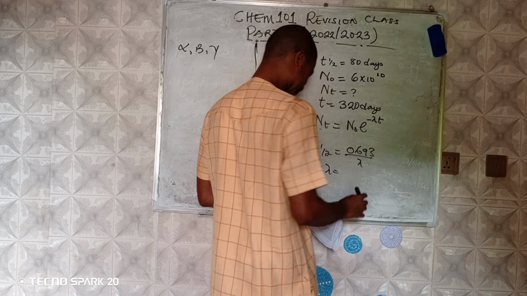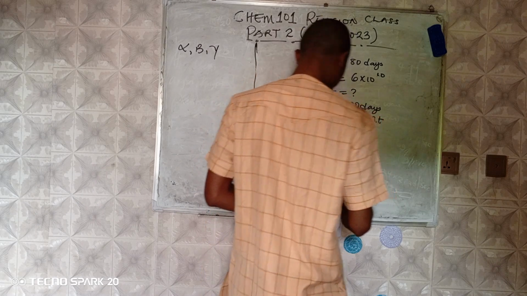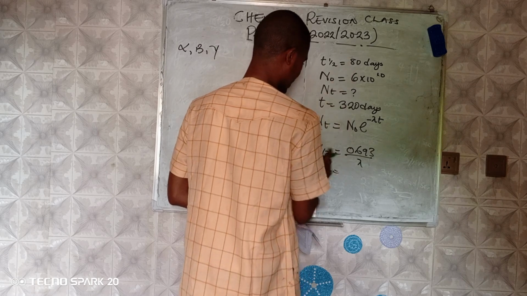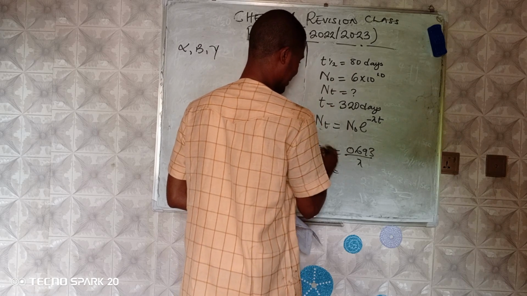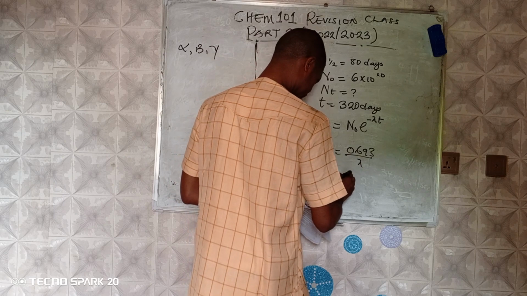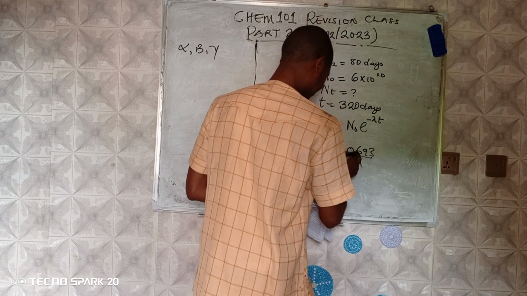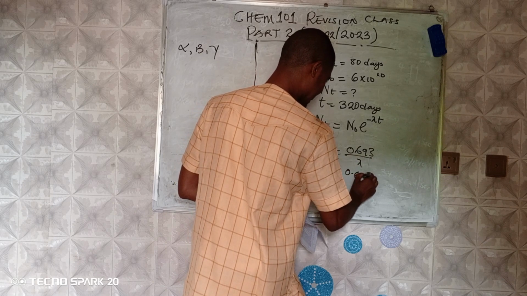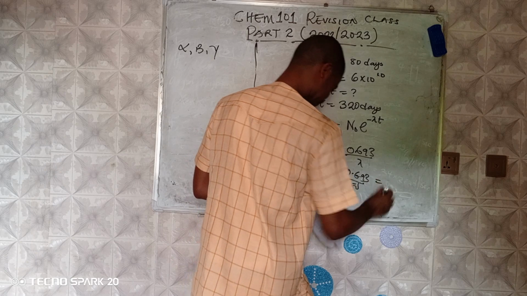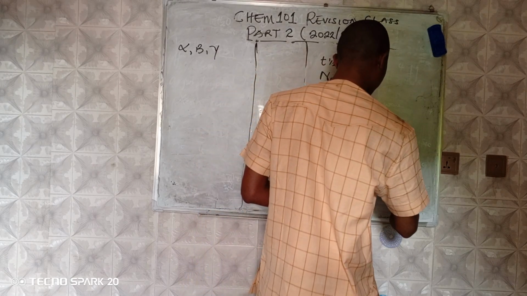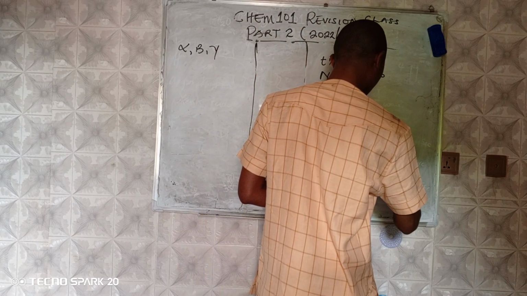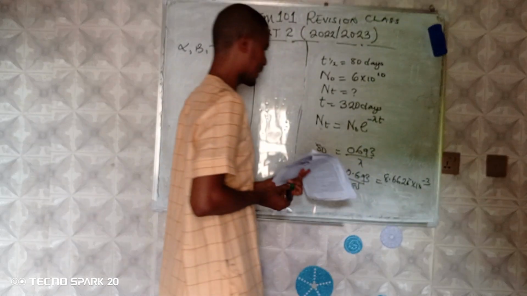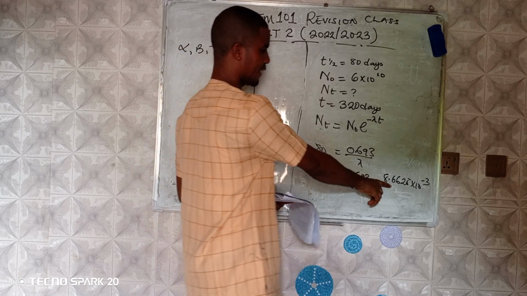Therefore lambda becomes 0.693 over 80, since T half is 80. This produces 8.6625 times 10 raised to power minus 3. So now I have the value of lambda.